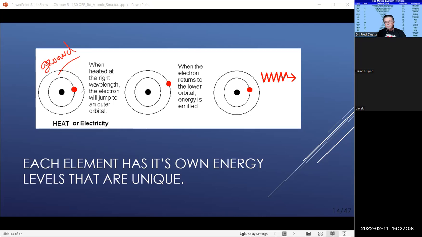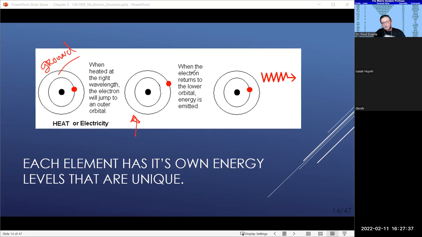Well, then what happens is we put energy into the system of some sort, heat, electricity, and so forth. And guess what? The electron gets kicked up to the next energy level. It existed in the first energy level, and a very specific amount of energy is absorbed, and it gets kicked up to the next energy level.